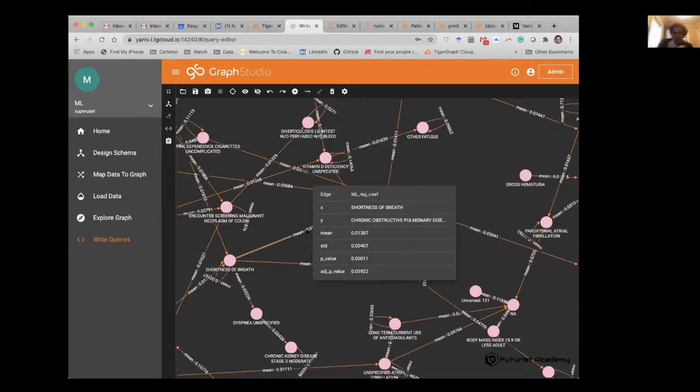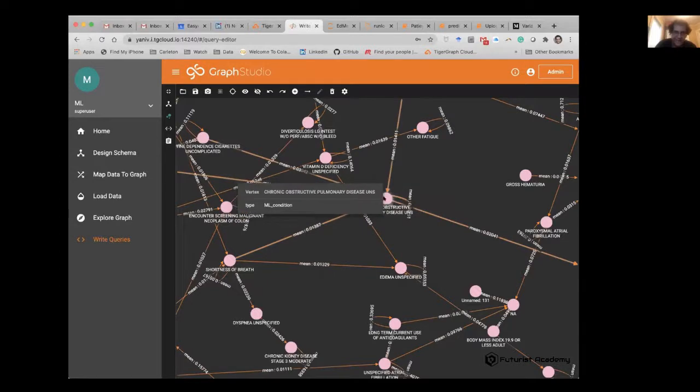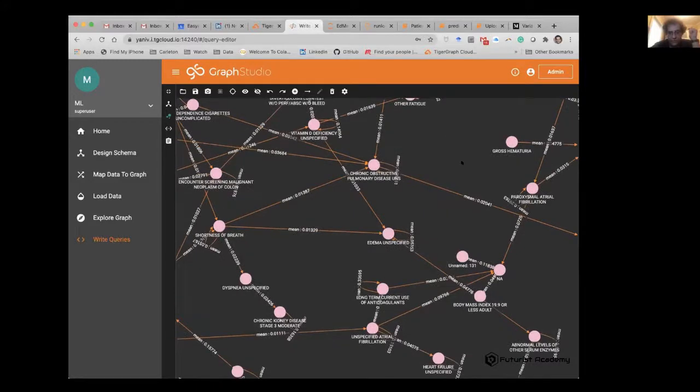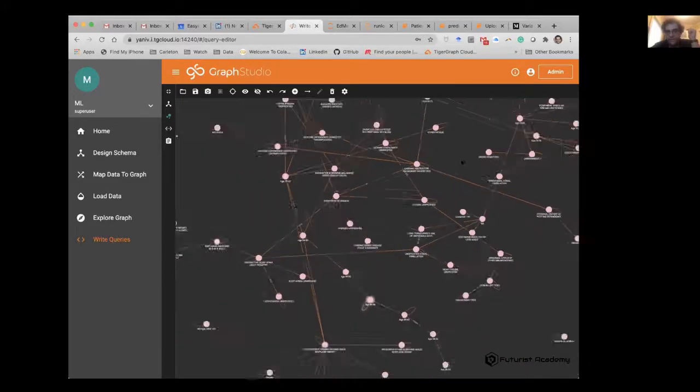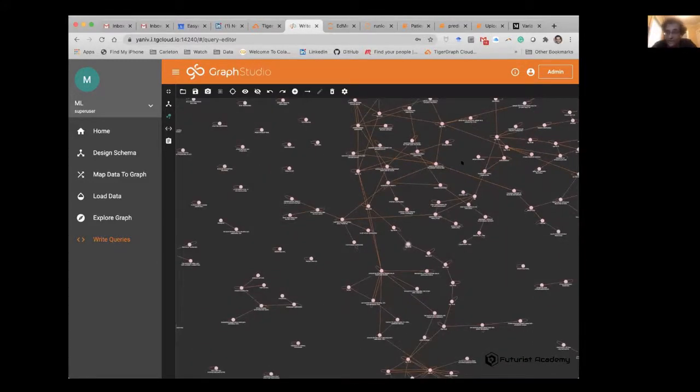So if you had shortness of breath in 2019, there's a higher probability, particularly around 1.4%, that you would have chronic obstructive pulmonary disease in 2020. And by having, I mean you would have an encounter with a physician where that's the diagnosis that you're getting. And so you get this wonderful network of conditions, which I can just browse all day.